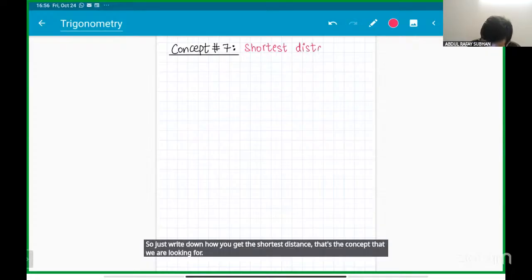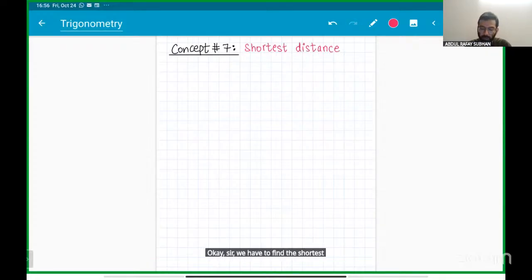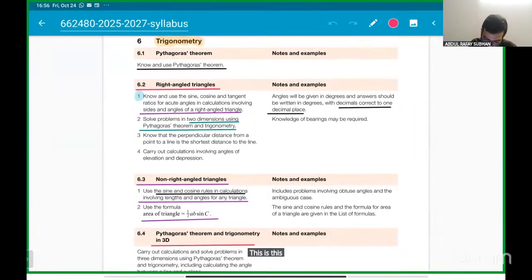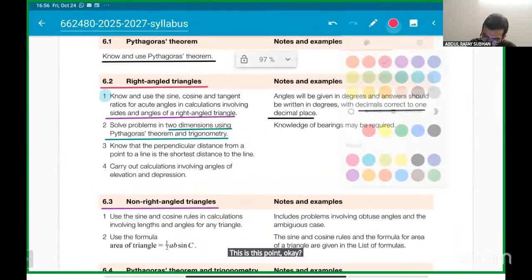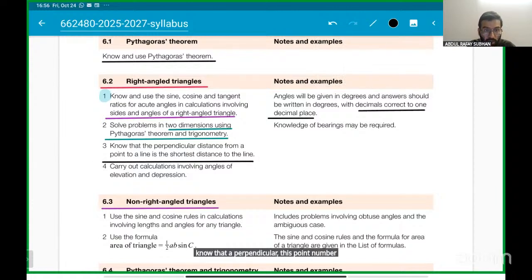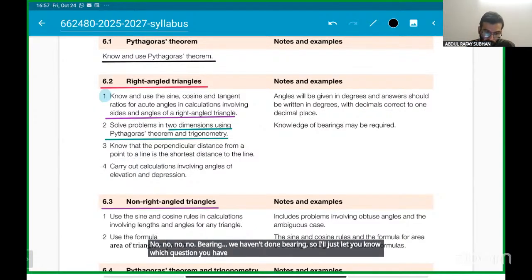Sir, we have to find the shortest distance from the point, and from the syllabus perspective as well. Bearing, we haven't done bearing, so I'll let you know which question you have to skip. We'll do bearing in detail first, then solve.